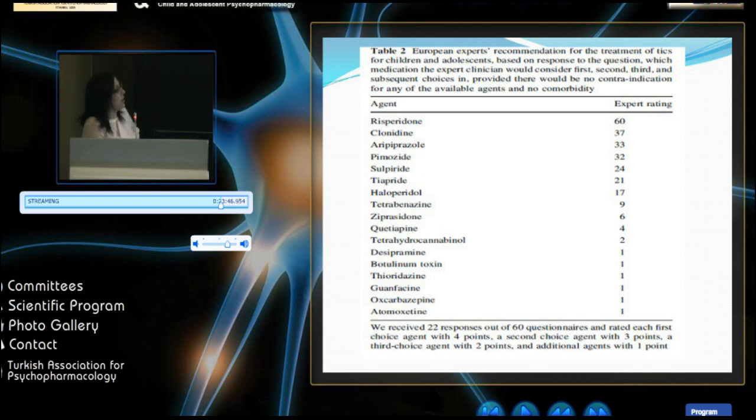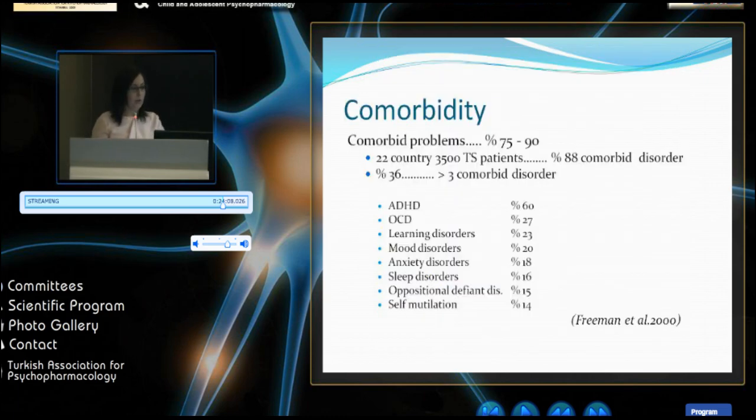There were 22 responses out of 60 questionnaires, and they rated each first choice agent with 4 points, a second choice agent with 3 points, and a third choice agent with 2 points. So risperidone was mostly preferred, then clonidine, aripiprazole, and pimozide, and this is the list of preference from the clinical perspective.